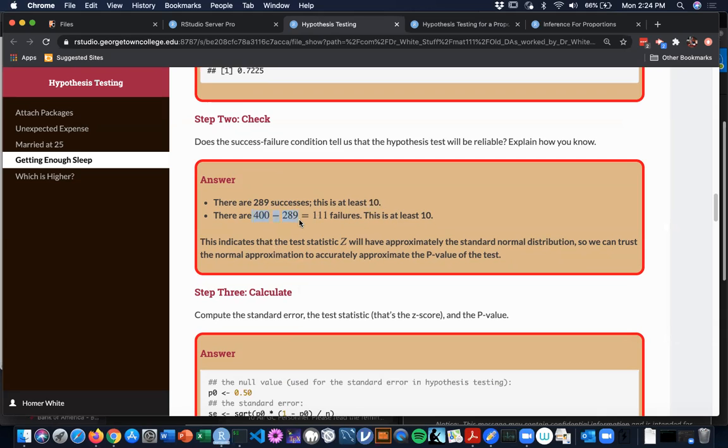The number of people in the sample who did get enough sleep would be 400 minus 289. That's 111. That's also at least 10. So we totally have a big enough sample here. So when we go and do things like make confidence intervals, get those p-values, using the p-norms, we're going to be okay because our variables do have the normal distribution that those computations assume they have.